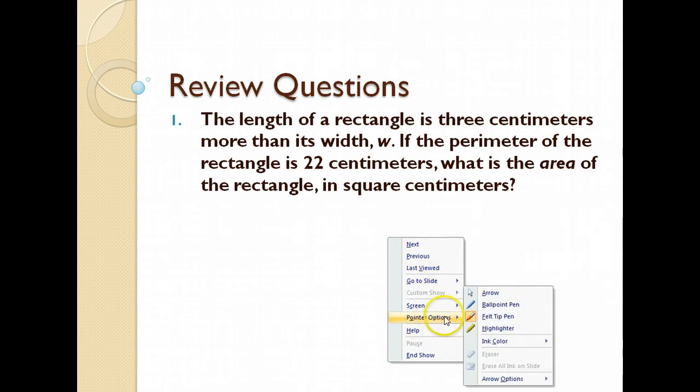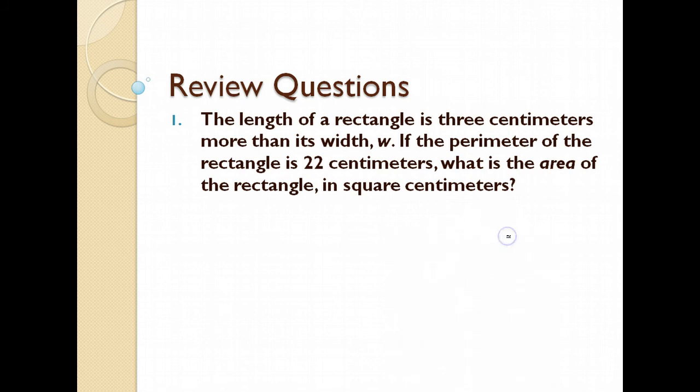Okay, so for this one, I advise you to draw a picture. I'm going to draw a picture of a rectangle. It's not going to be pretty, but here is my rectangle. Something like that.